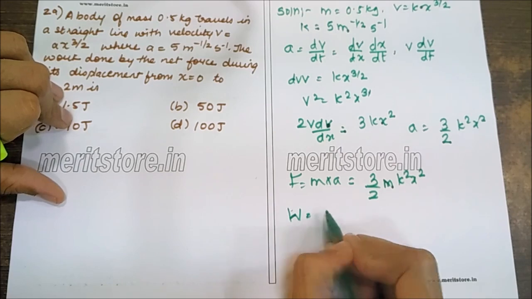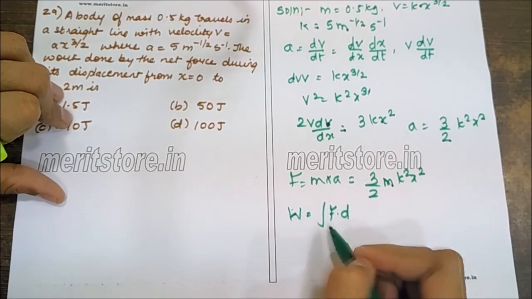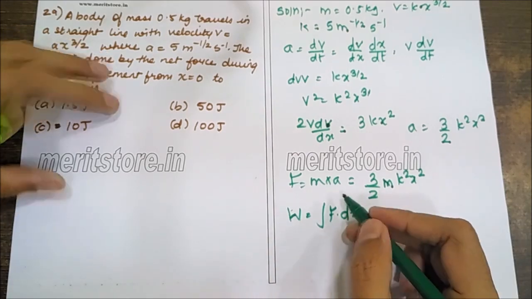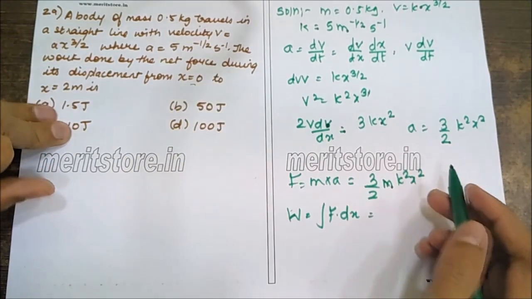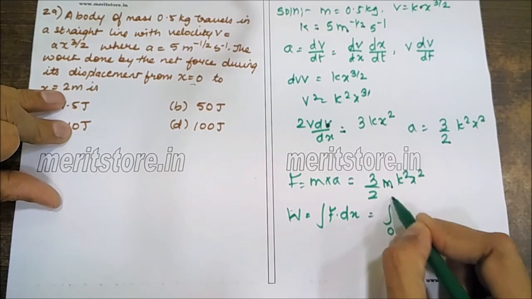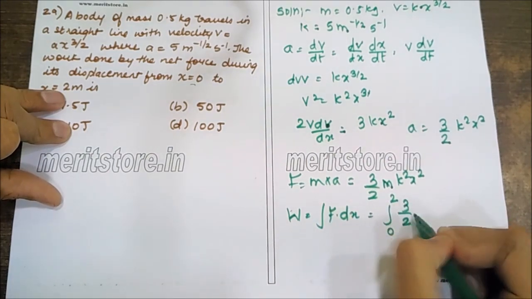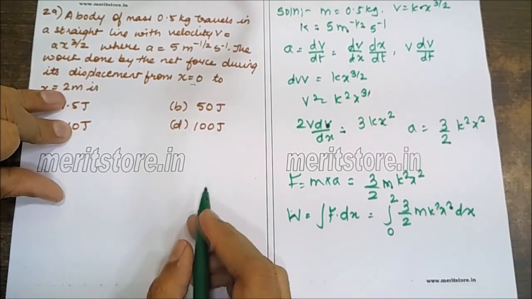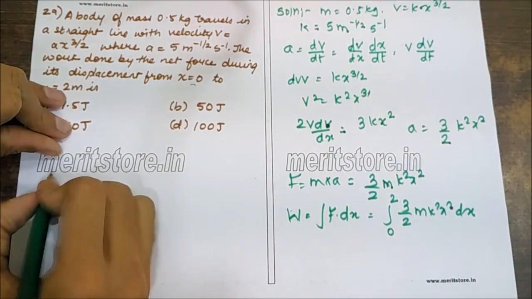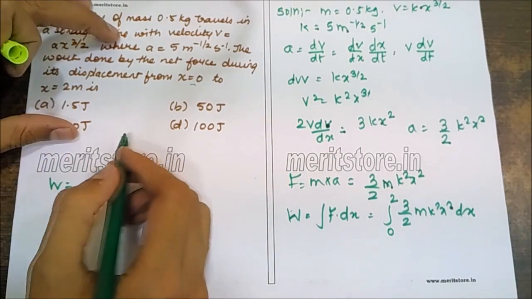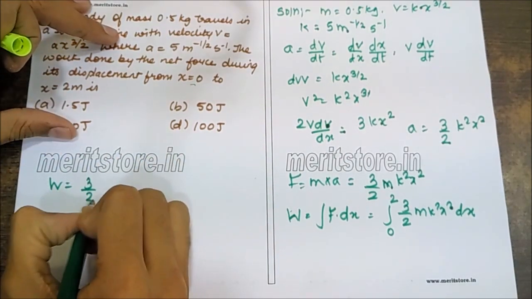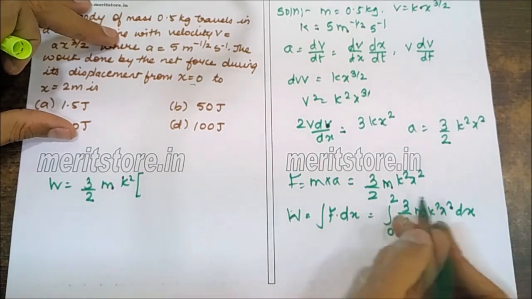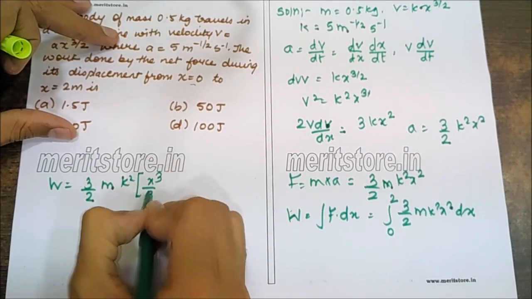Then the work done will be the integral of force multiplied by the displacement dx. So the integration is from x equals 0 to x equals 2 meters, of 3 by 2 m k square x square dx. Integrating, we get W equals 3 by 2, where m and k square are constants, and for x square we get x cube by 3.